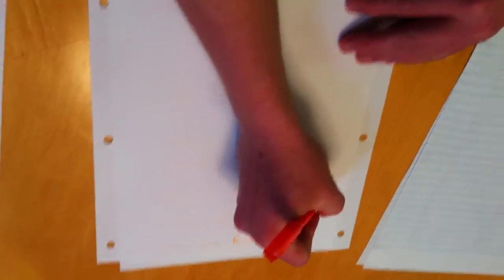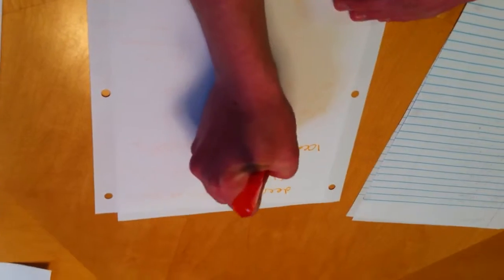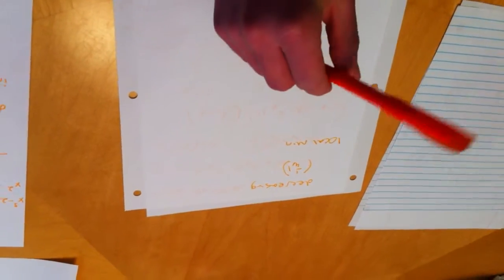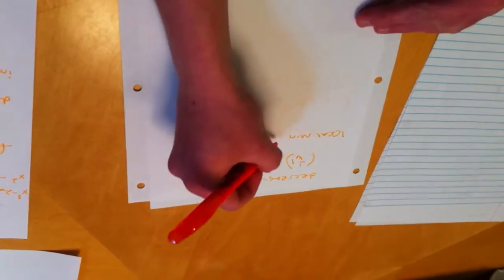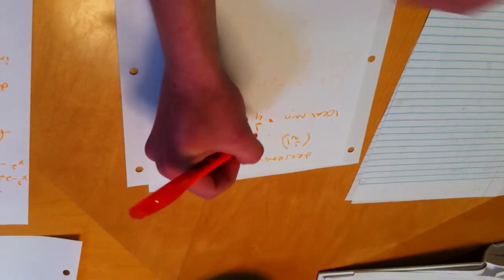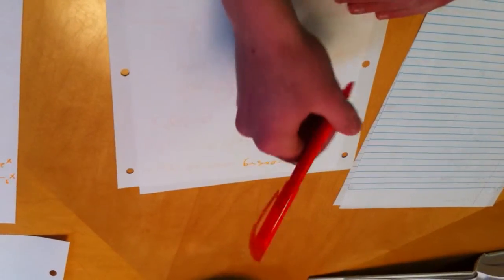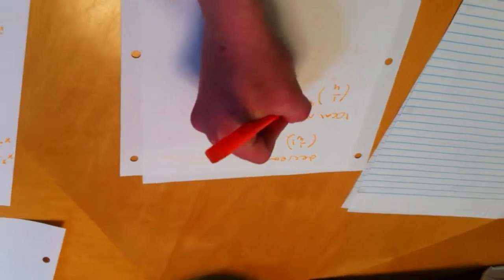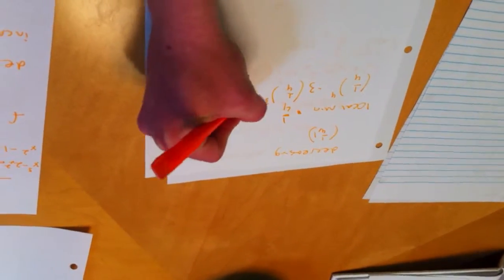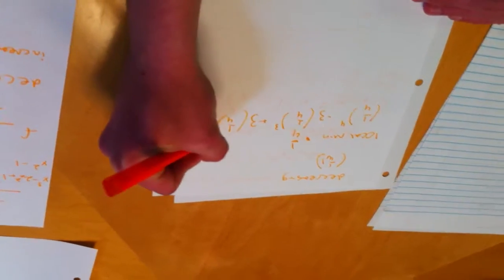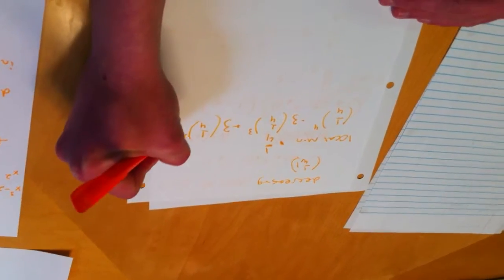And as you can see from this, there is a local minimum. So now we have to find it. The local min is actually at 1/4, so we plug 1/4 into the original equation: 1/4 to the 4th power minus 3 times 1/4 and so on.